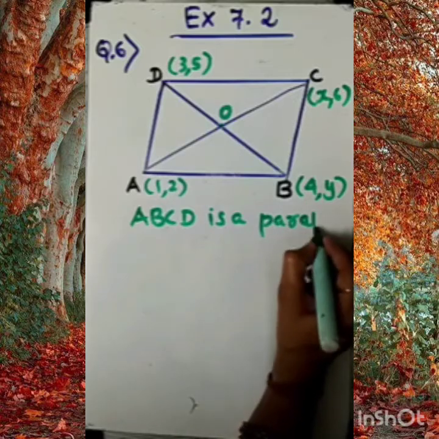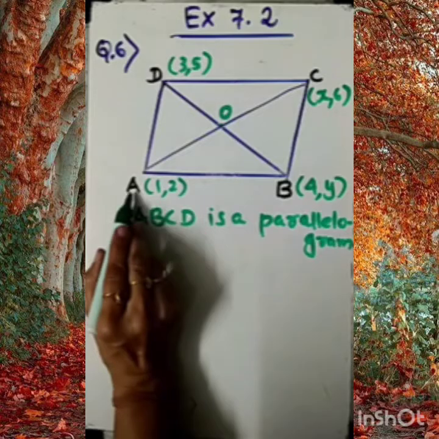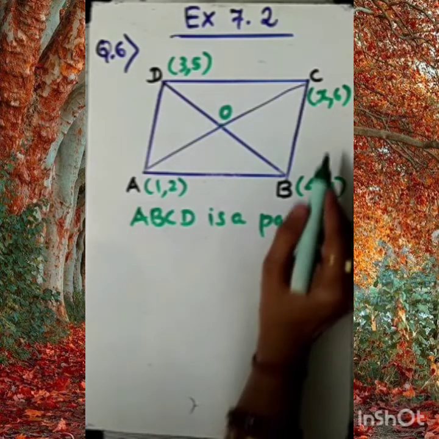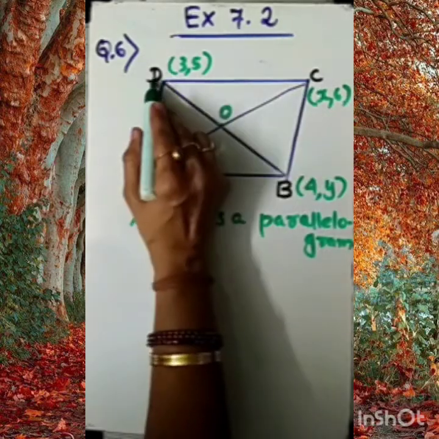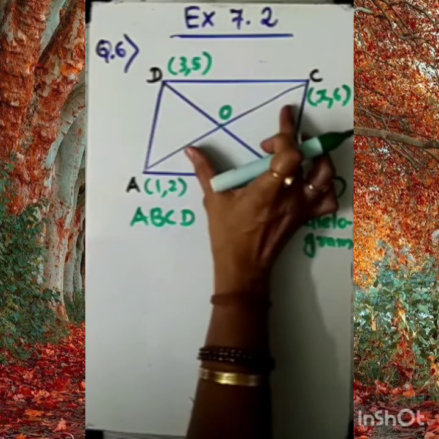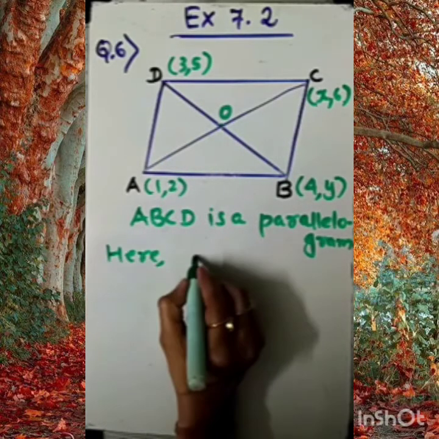Now you can see all the vertices which we are given, in order. I have mentioned here A 1, 2, B 4, y, C x, 6 and D 3, 5. And what about AC and BD? They are the diagonals, right?